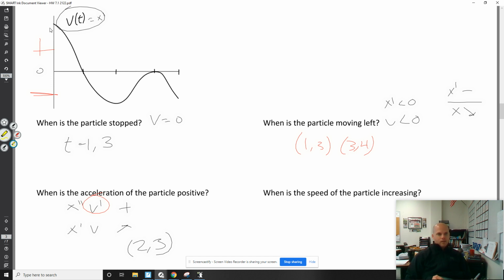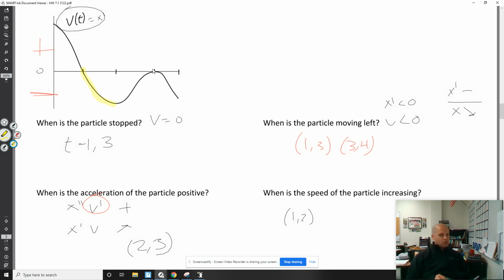Look, I got -5, -4, -3, -2, -1, 0. I'm slowing down while I'm moving to the right. I've stopped. I start moving to the left, but 0, -1, -2, -3, -4, -5. Boom. I'm going faster to the left. I'm speeding up there. I'm going away from the x-axis, 1 to 2. -5, -4, -3, -2, -1, 0.